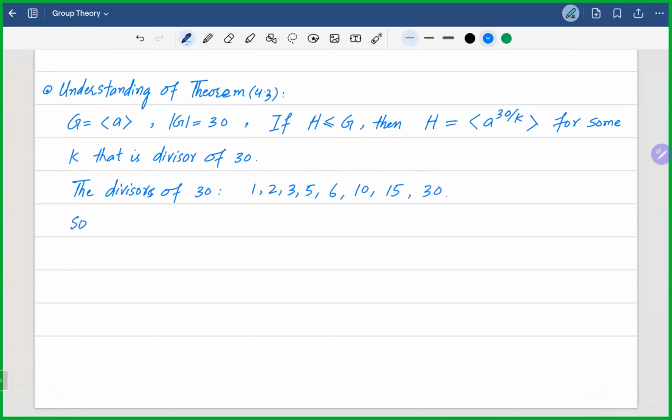So G has exactly one subgroup of these orders. That is the power of this theorem. Once you know the order of a group, then you know the orders of the subgroups. How fascinating that is. It's an amazing result.